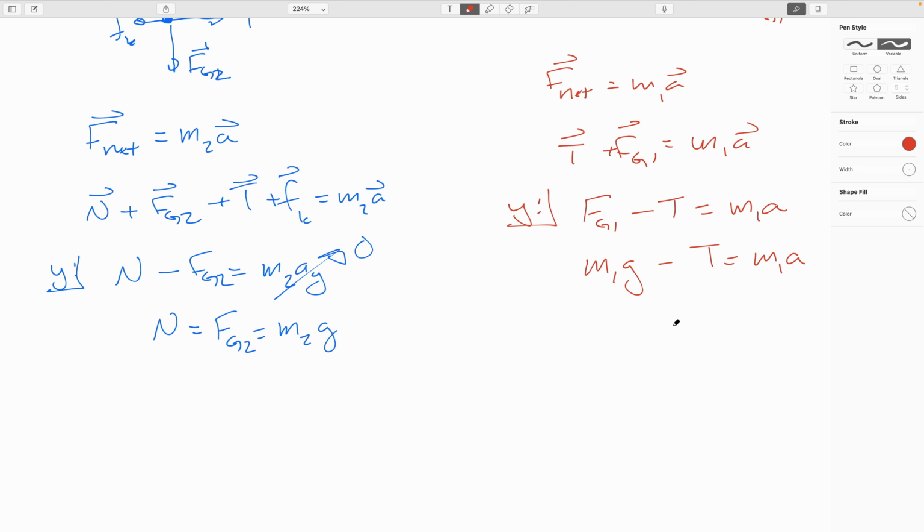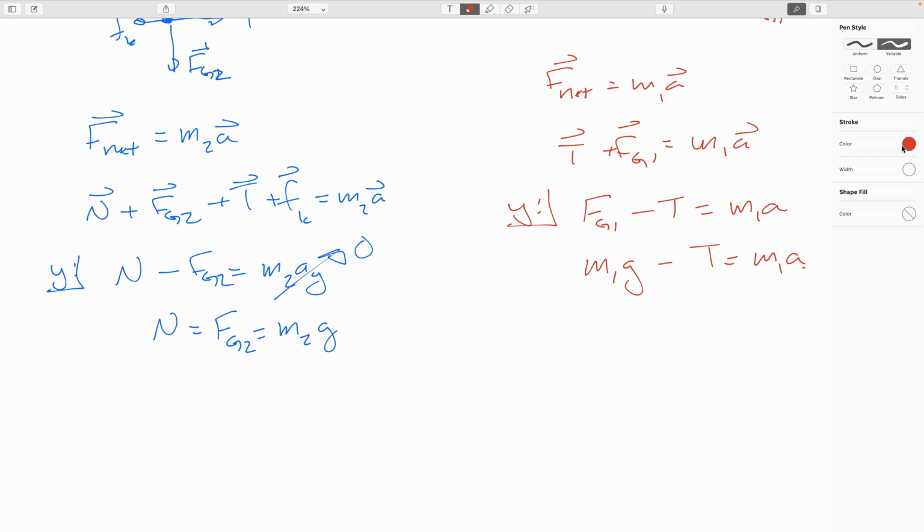The problem here is that I want to find the acceleration, but I don't know the tension. Now, I didn't ask for the tension, but I got to get rid of it now somehow. And to do that, I need another equation that relates the tension, hopefully to things I know.